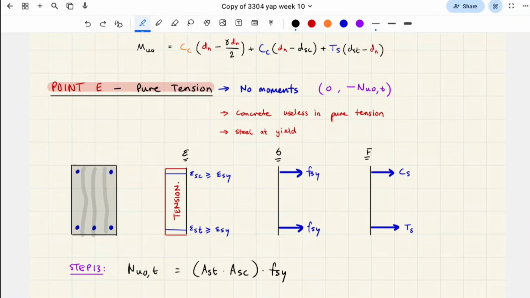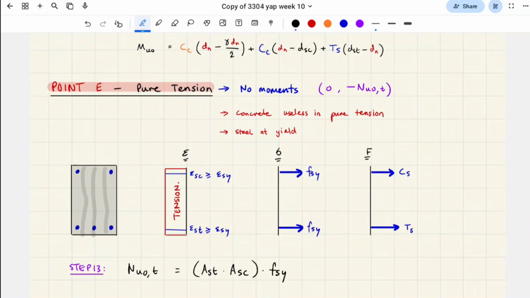Yes. So everything's being pulled in tension. Surely it's just above 0 still. Why is that? You're right, but why is that, do you reckon?